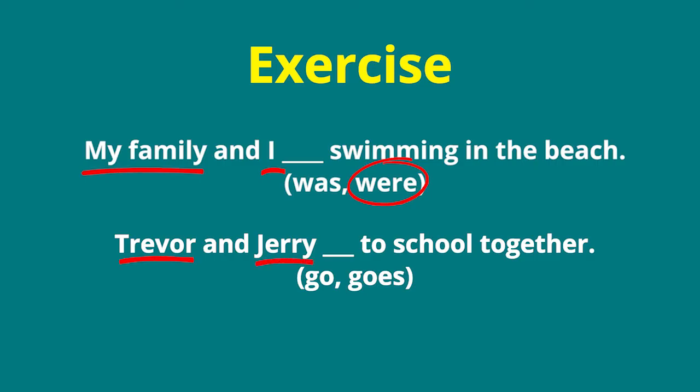Trevor and Jerry is a compound subject, and therefore we must use a plural verb. Will we choose go or goes? Definitely, we would choose go since go is the plural form of the verb. So our sentence would read, Trevor and Jerry go to school together.